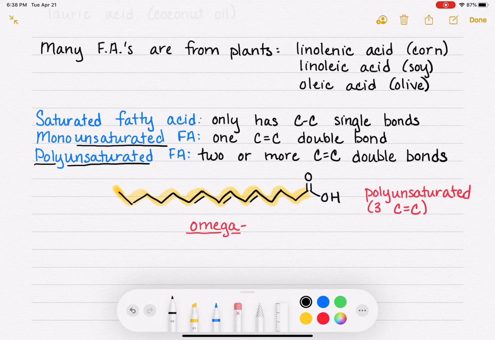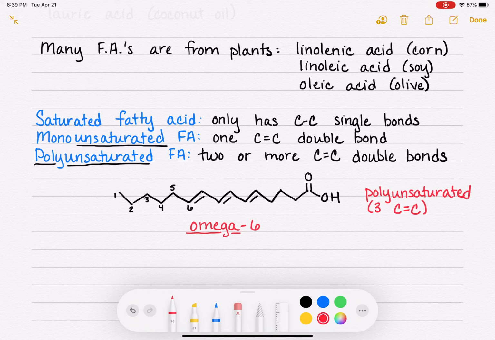So if we are looking to give this particular fatty acid an omega designation, we are going to count the carbon atoms starting at the end because it's omega. And the carbon atom where the double bond starts, which in this case is carbon number 6, is the omega designation of that particular fatty acid.